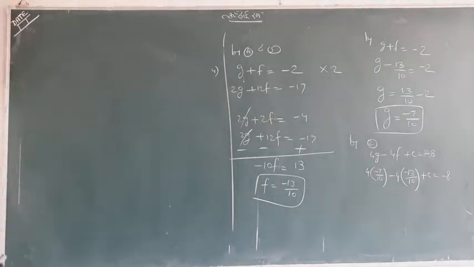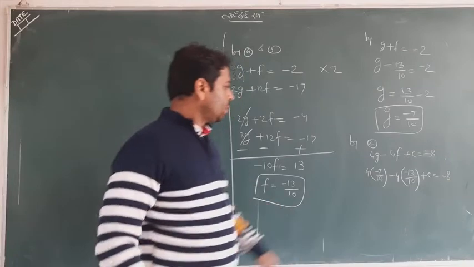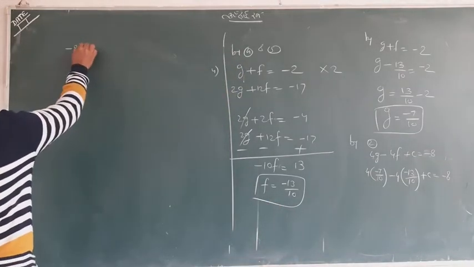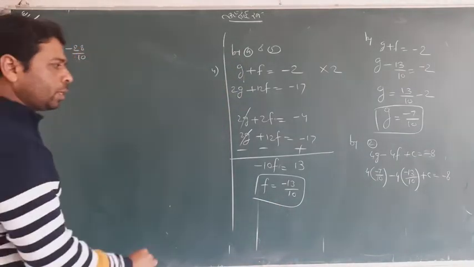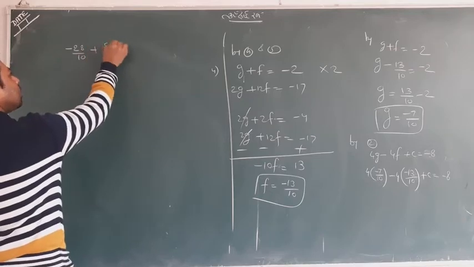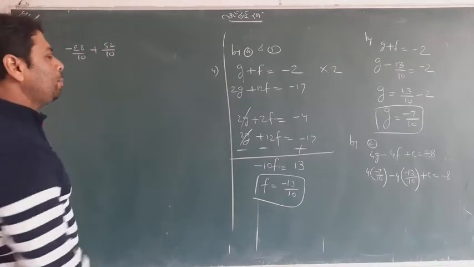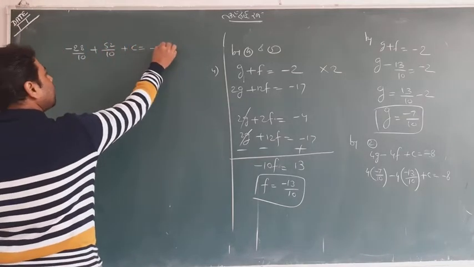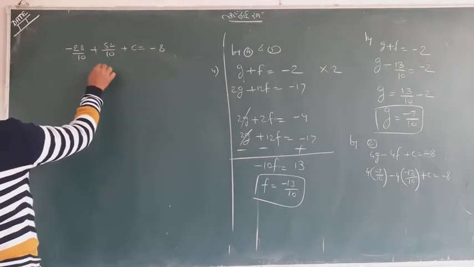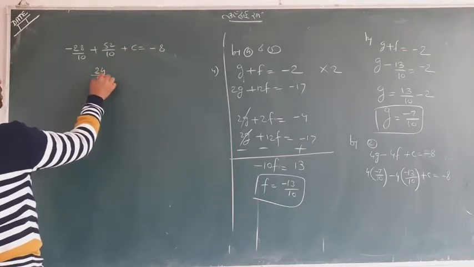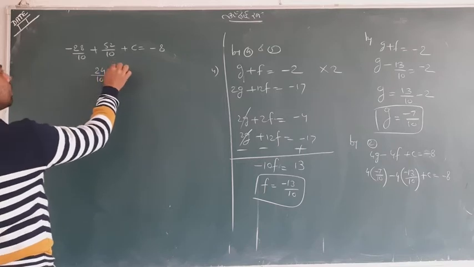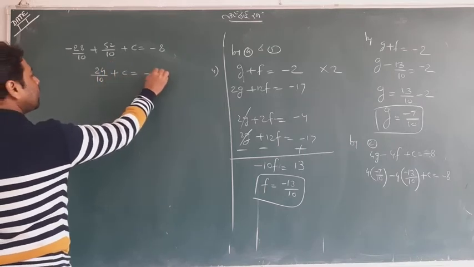Now I'll do: 7 fours are 28 by 10, this is 52 by 10, and lastly plus C equals minus 8. These two will be 24 by 10, and plus C is equal to minus 8.